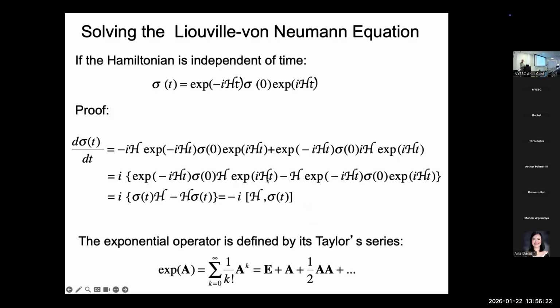I can move this H around and eventually show that this derivative, in fact, gives this result. So this is the solution if H is independent of time.